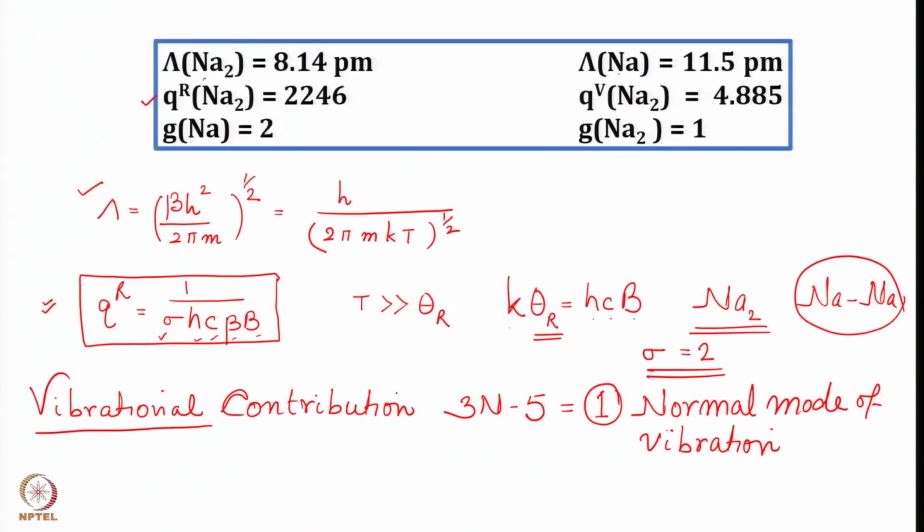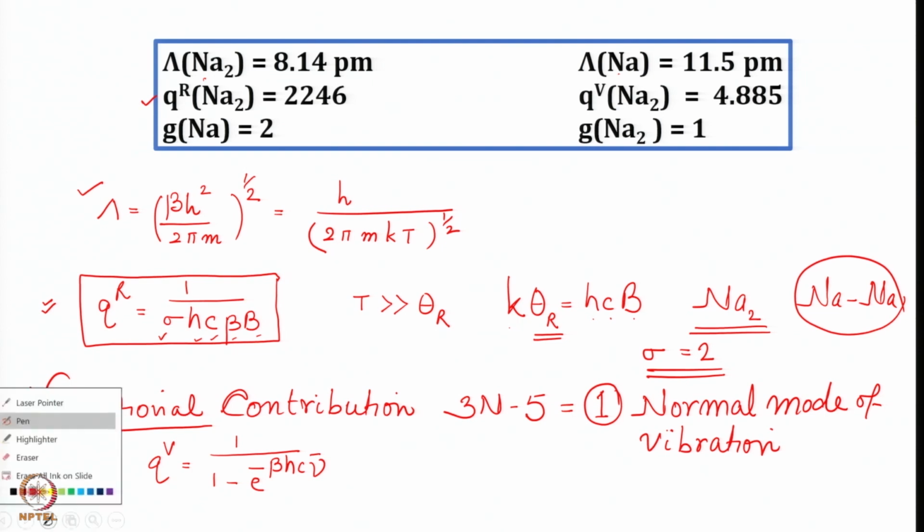So by using QV is equal to 1 over 1 minus exponential minus beta hc nu bar, this is the expression to be used. Remember this expression which I have written over here can be used at any temperature. There is no high temperature approximation used over here.